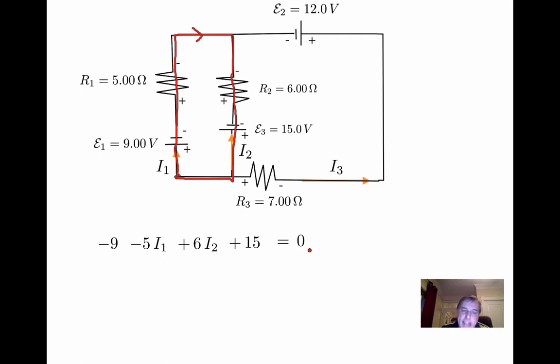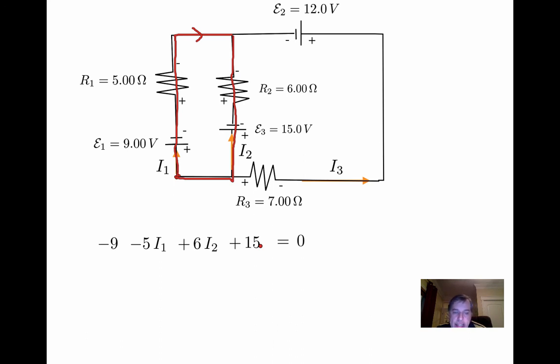This is it. This is an equation that contains I1 and I2. Notice it does not contain my other unknown I3, but that's okay. As long as I have an equation, it will be useful at some point. So that's the equation I got from this closed loop here. Now, I should simplify as much as possible before going further. So I can, of course, combine the minus 9 and the plus 15 to get plus 6.